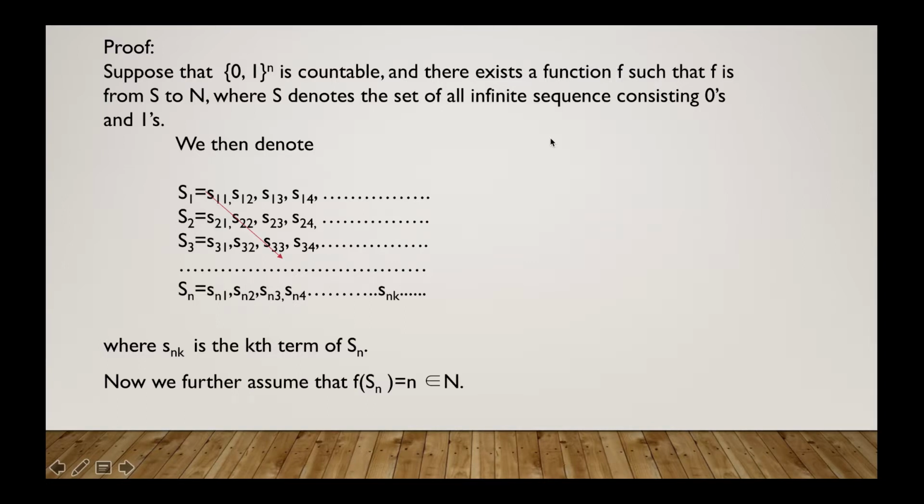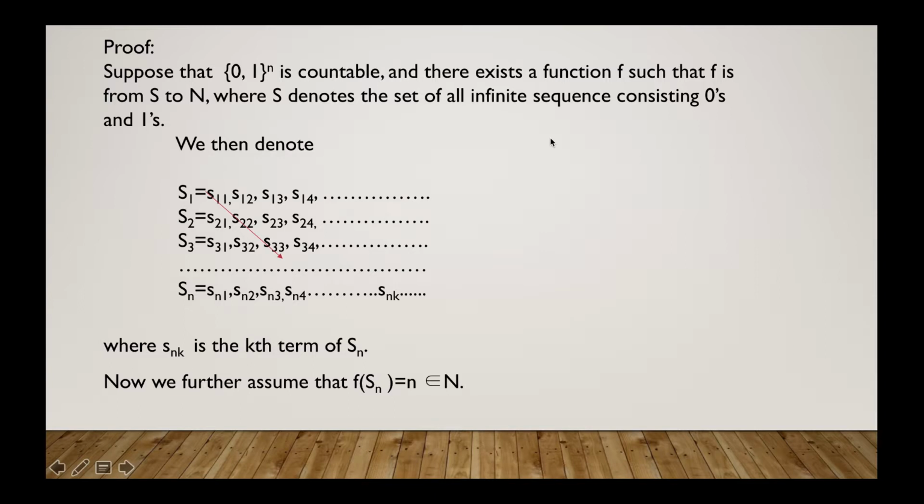Then we denote S1 as a sequence of S sub 11, S sub 12, S sub 13, S sub 14, and so on, and S2 as S sub 21, S sub 22, S sub 23, and S sub 24, and so on.